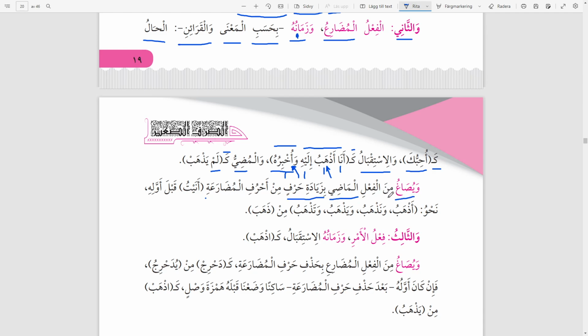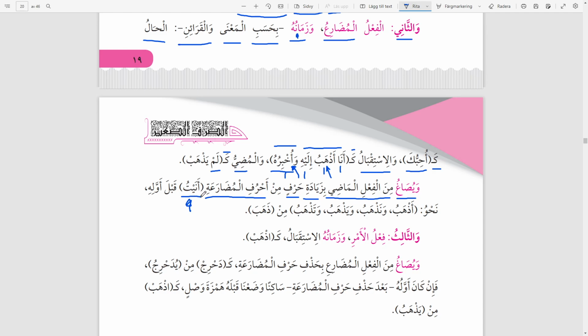So you express the present tense by using the past tense and adding a letter of the present tense letters, and they are the four: Hamza, Noon, Ya, Ta.